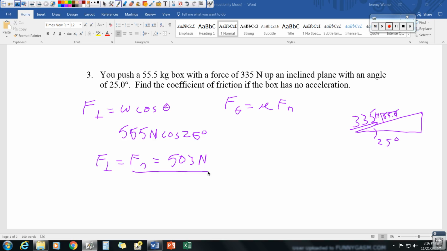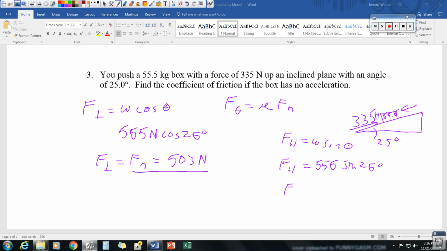We've got half of what we need here. Now we need to determine the frictional force. So now we're going to find the force parallel. So in other words, the force parallel down that box would want to slide with. That's going to be weight times the sine of theta now. So in this case, it's going to be the same 555 times the sine of 25 degrees.